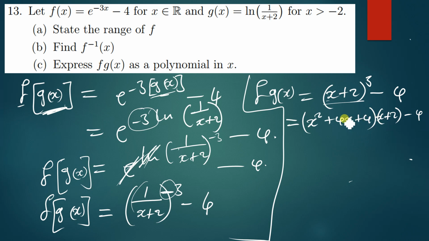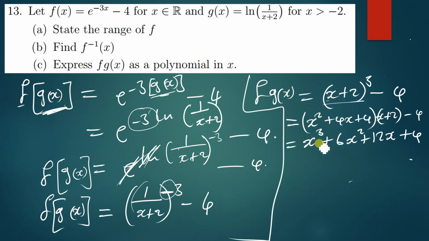And then when you expand this further, you're going to get x to the power 3, and then plus 6x squared plus 12x, and then plus 4. So this is what you are going to get after doing the expansion. Yeah, so it's as simple as that.